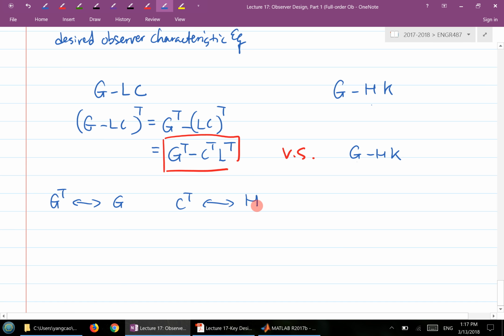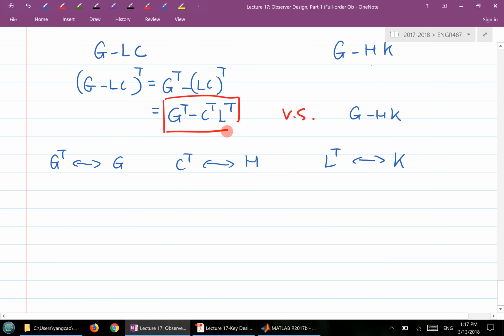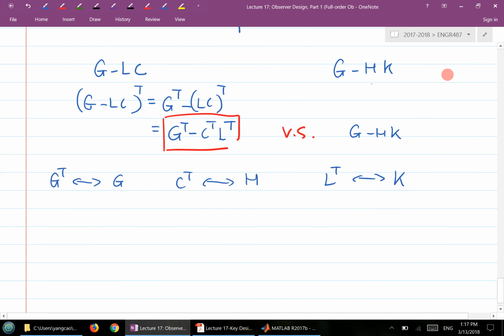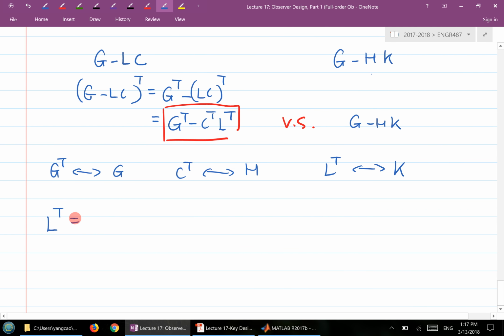H. And the L transpose maps to this K. It's not completely the same apple, but G transpose to G, C transpose to H, L transpose to K. So if I'm using this formula, K will be replaced with L transpose 0, 0, 0, 1.